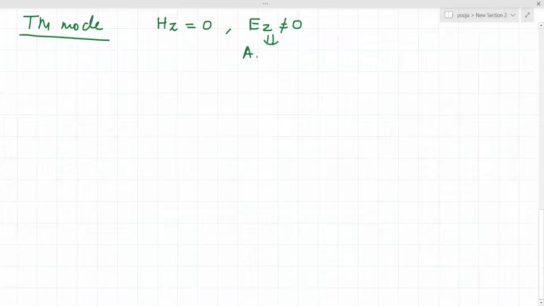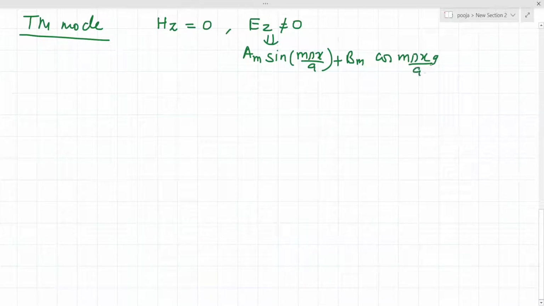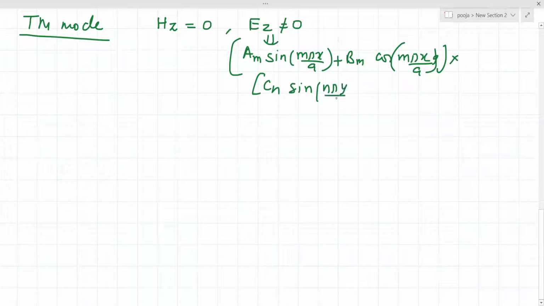which was like this: sin(m pi x by a) plus bm cos(m pi x by a), multiplied by cn sin(n pi y by b) plus dn cos(n pi y by b), times exponential of minus j beta g z.